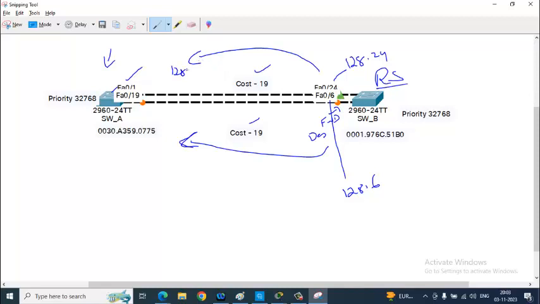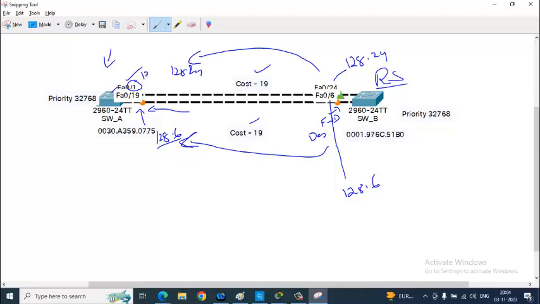It won't consider the local 128.1; it will see only the incoming 128.6. Don't forget, incoming. In which port is the incoming lower? In the F0/19 port the incoming is lower. So this will be a root port again.